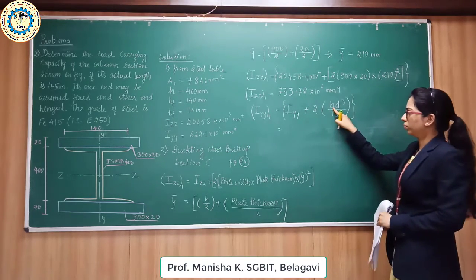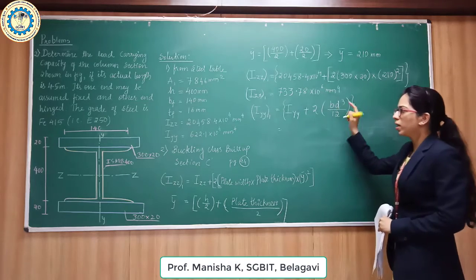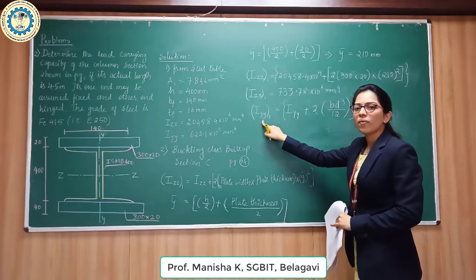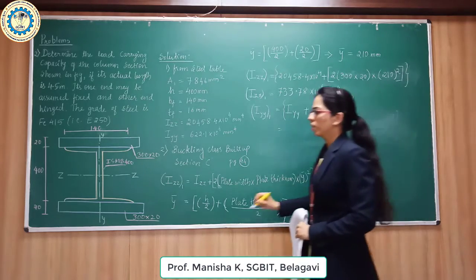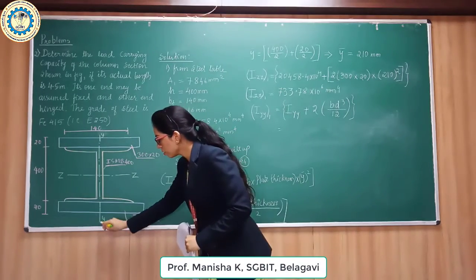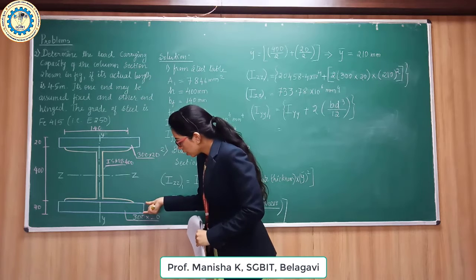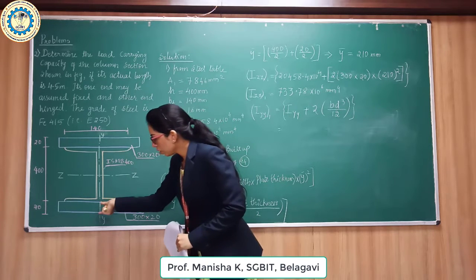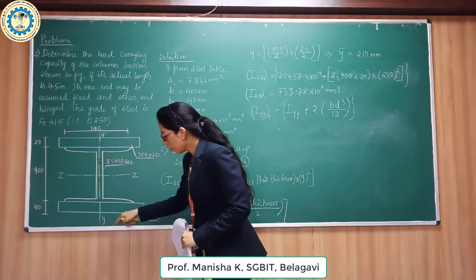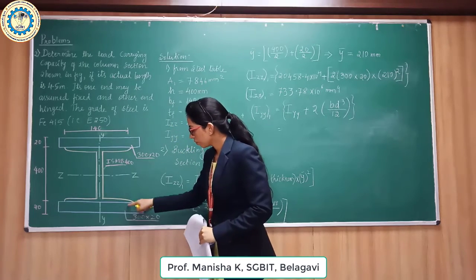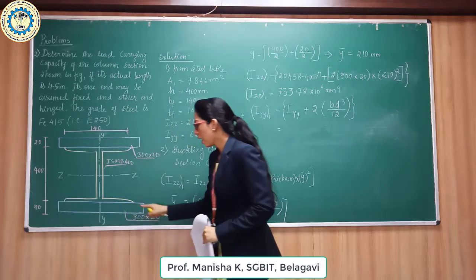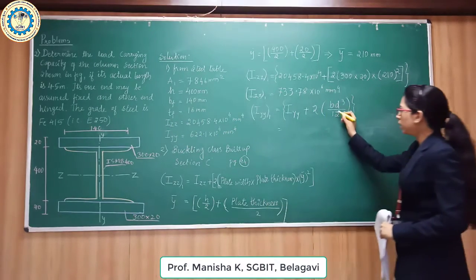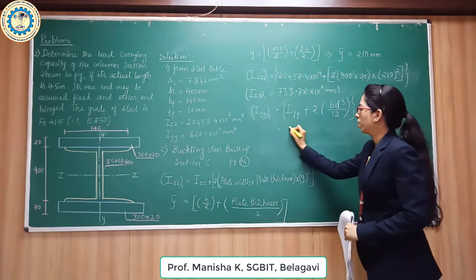Now what is B? B and T. Over here we are talking about YY axis. To calculate this B, this is your YY axis and B is nothing but which is parallel to your Y axis. Now if you consider these plates, this thickness is parallel to your Y axis and that thickness I will consider over here as B.